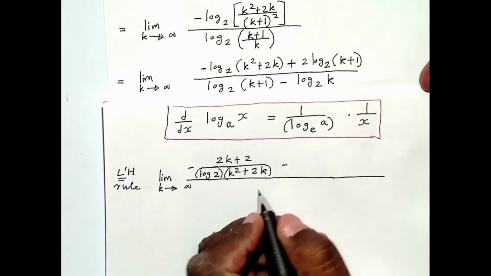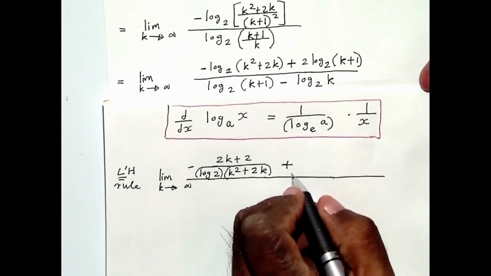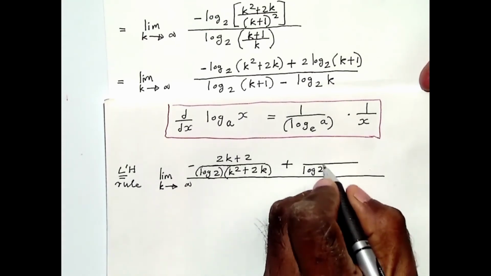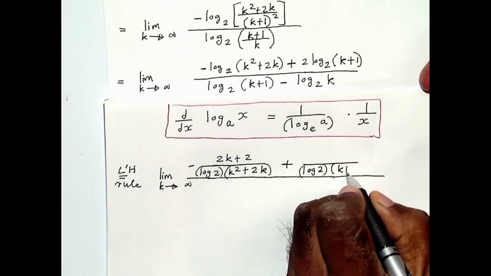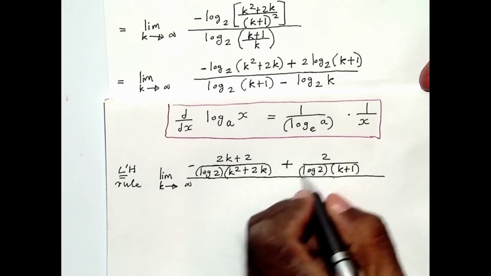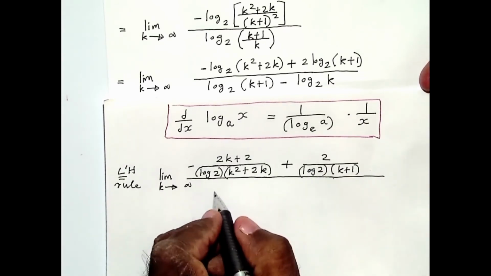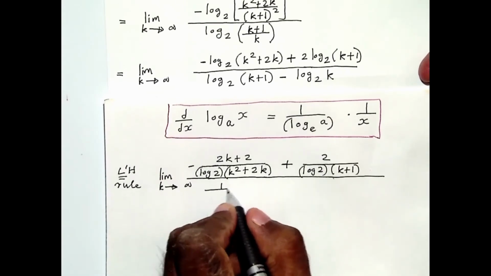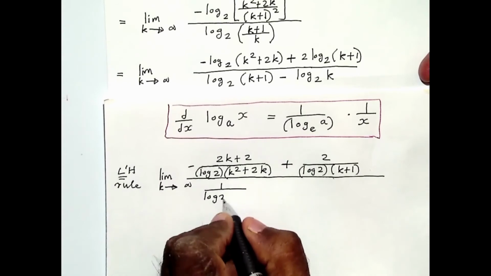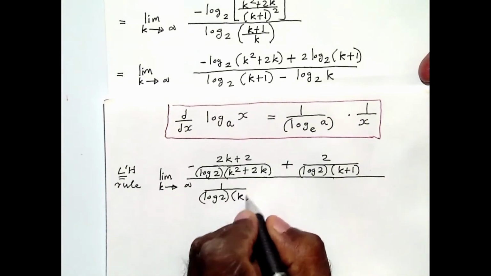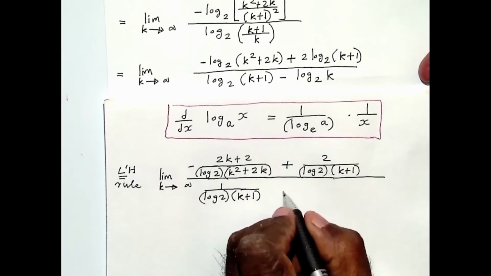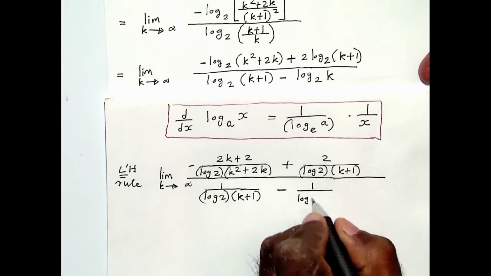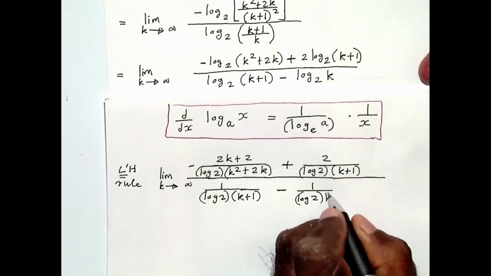Then you have plus log of 2. And in the denominator you have 1 divided by log of 2 times k plus 1, and then 1 divided by log of 2 times k.